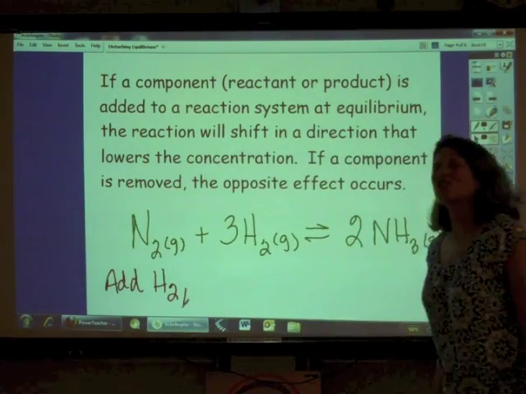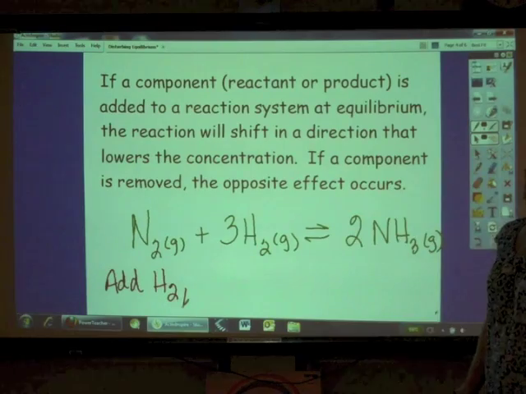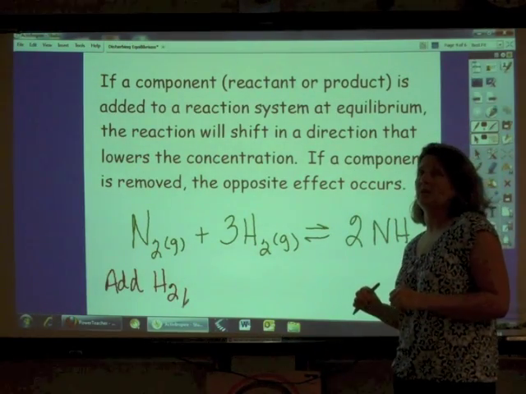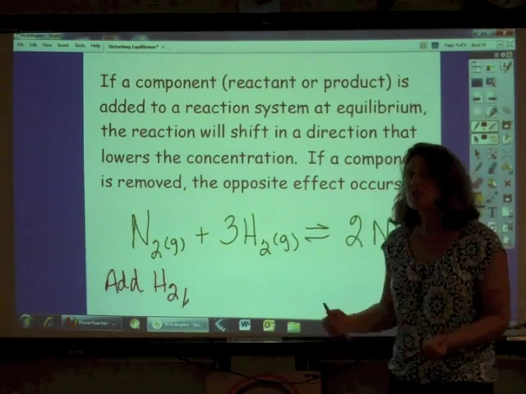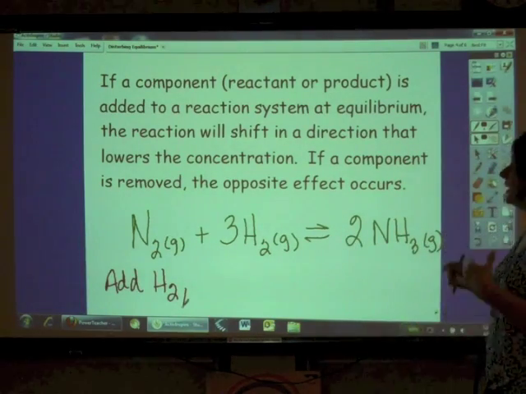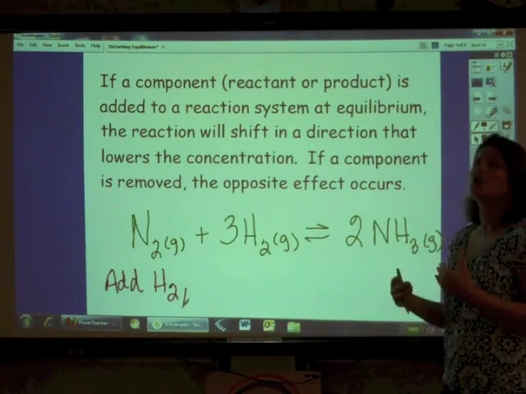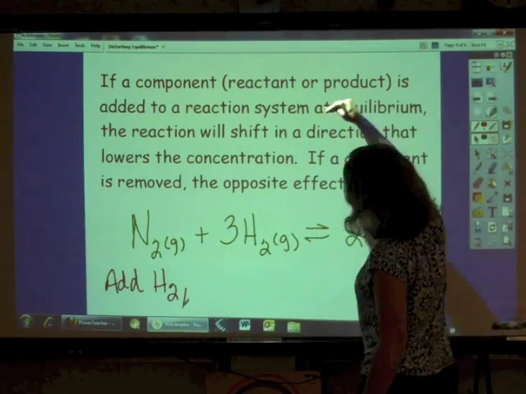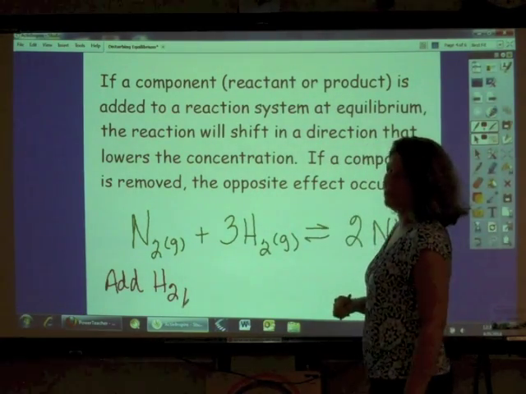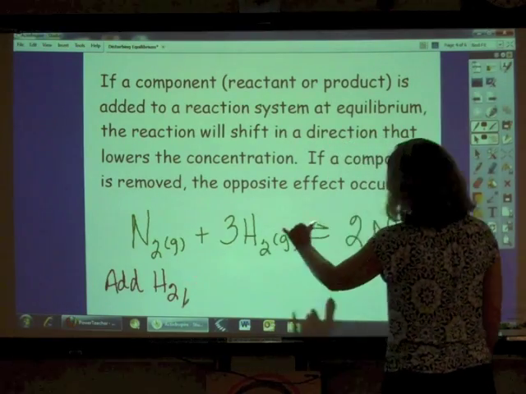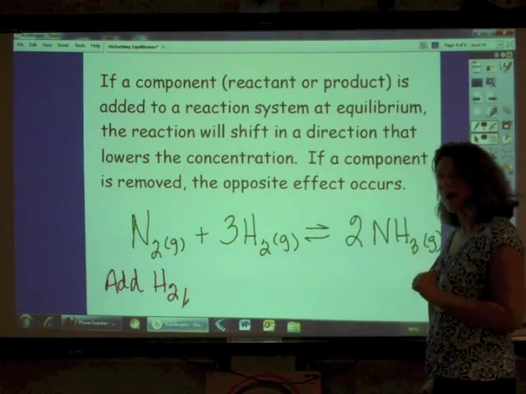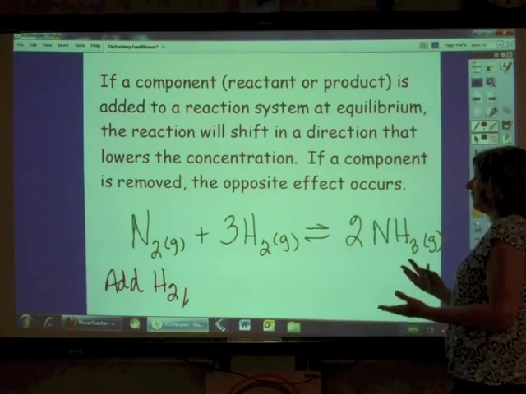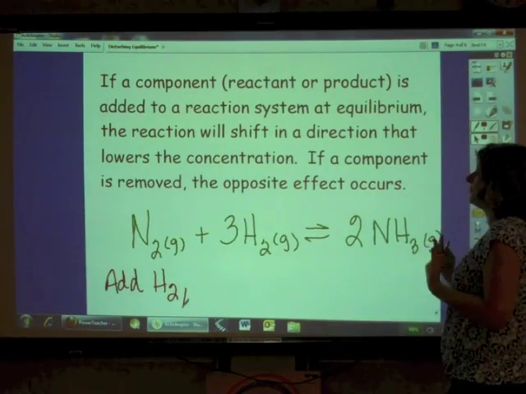which way is it going to shift this reaction momentarily until it reaches equilibrium again? Well, it wants to work to undo that extra hydrogen. So if you add hydrogen, it's going to shift this reaction to the right momentarily until the system reaches equilibrium again.